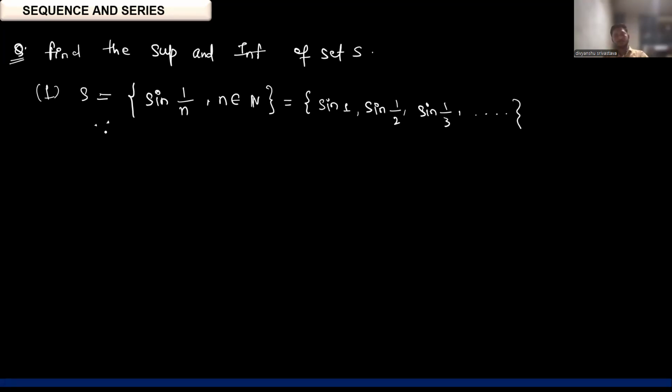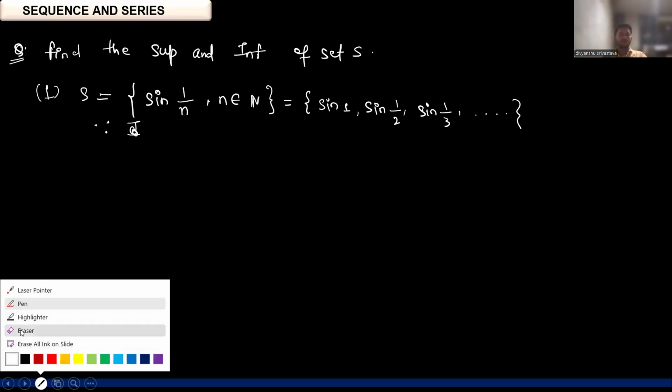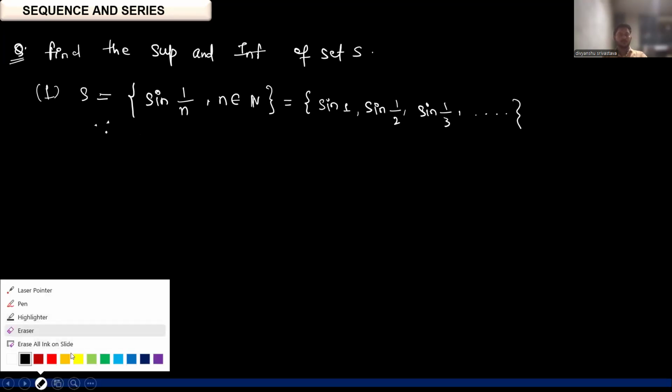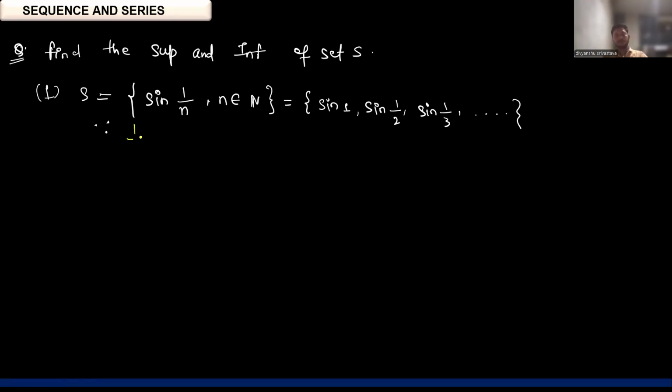So since 1 by n lies between 0 and 1, because you know the domain of sine theta is from 0 to 1.